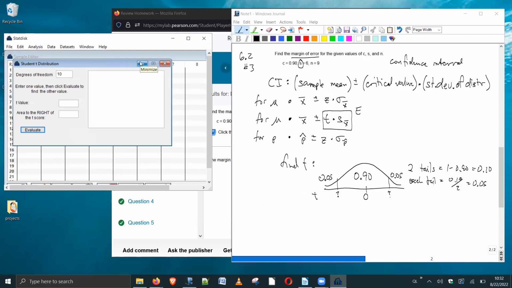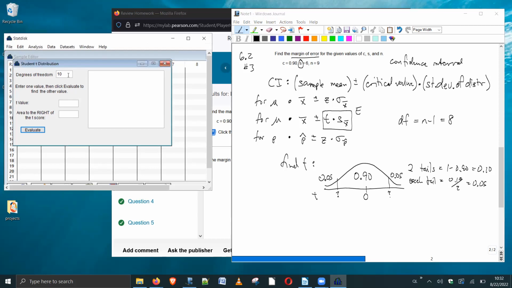With the t-distribution, you need to write in degrees of freedom, which we write as df, and that is n minus 1. In this case, they tell you n is 9, so this is just 8.